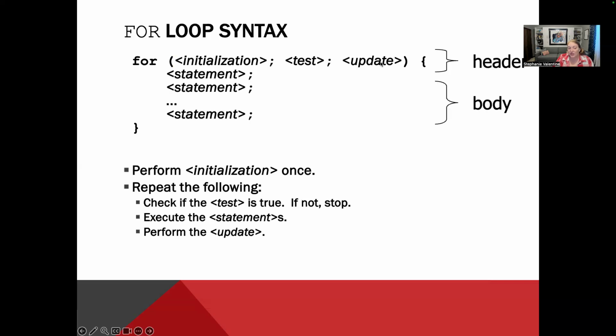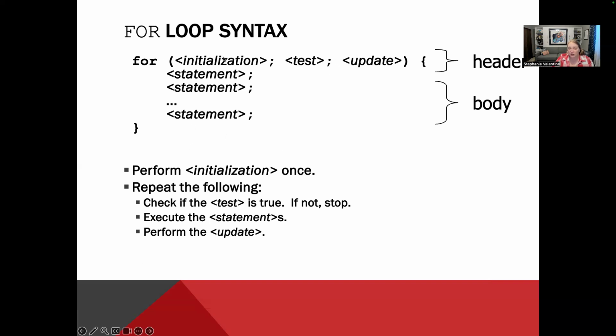And then we go back here and we're going to check if the test is true. And if it is, we execute the statements, we perform the update. We're going to check the test again. If it's not true, we're going to stop. So this is some shorthand for that repetition.